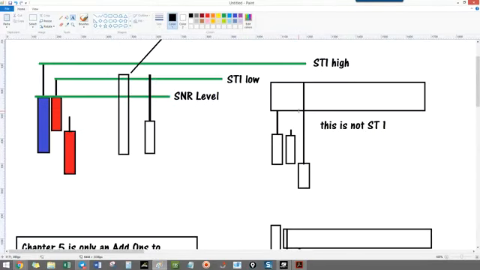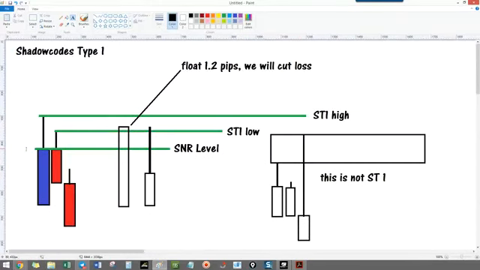Okay, look at the difference. Alright, so our entry is at these three levels, the SNR level, the ST1 low, and ST1 high.